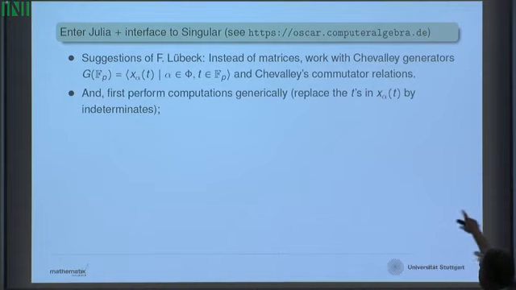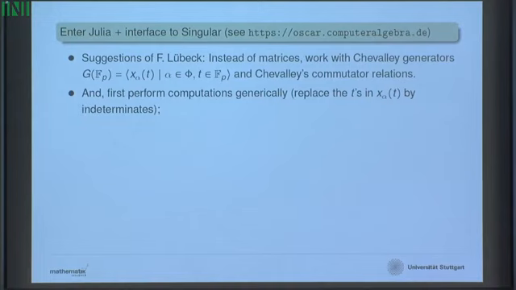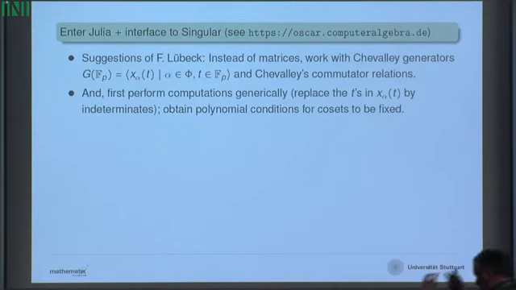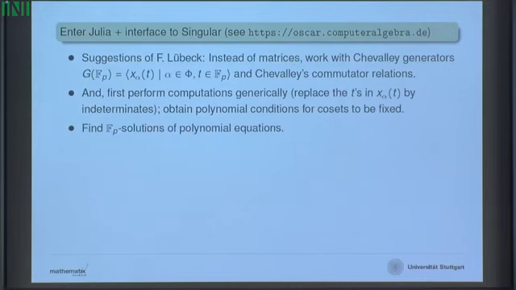Of course, this is a big polynomial ring in as many indeterminates as you have roots in your root system. But nowadays, arithmetic in polynomial rings in these systems is good enough to do such things. And then, of course, to go down to your finite group, you get some polynomial conditions for your cosets to be fixed, and then you have to go down to your finite field again.